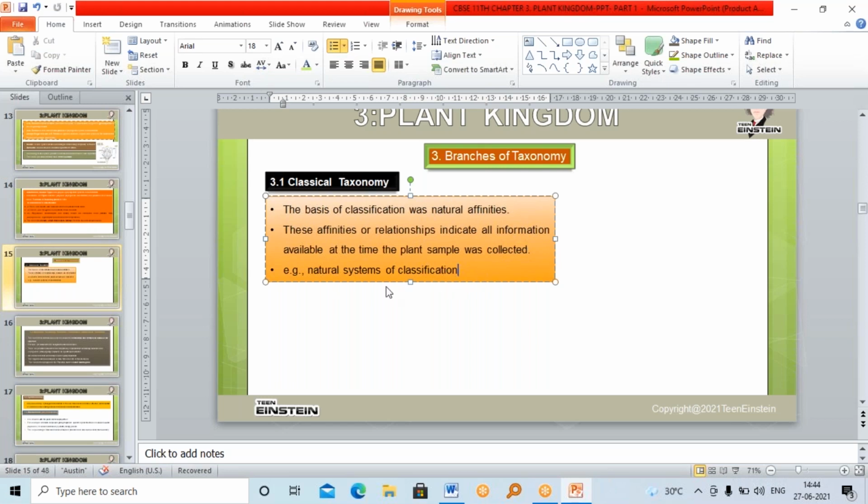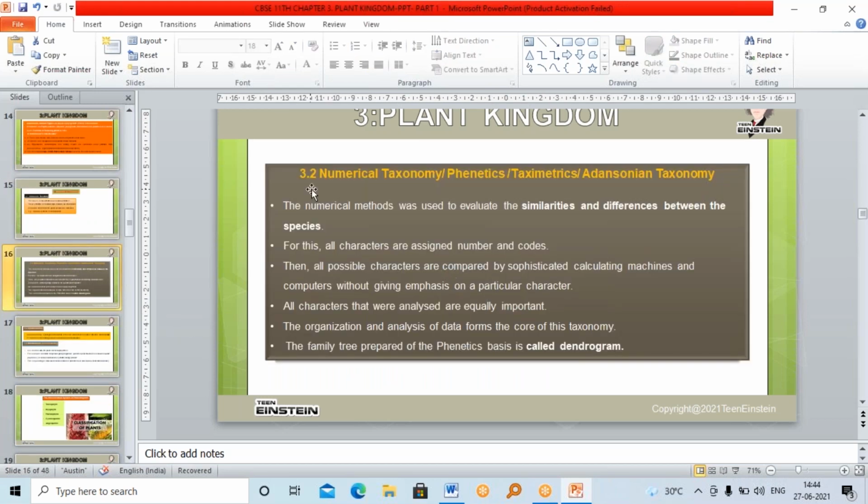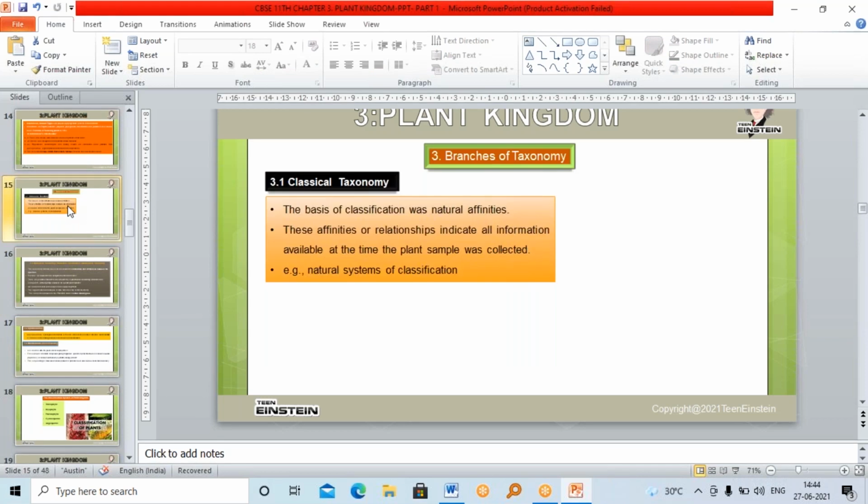Based on what information we have when the plant sample is collected, we do this work. An example of classical taxonomy is the natural system of classification.